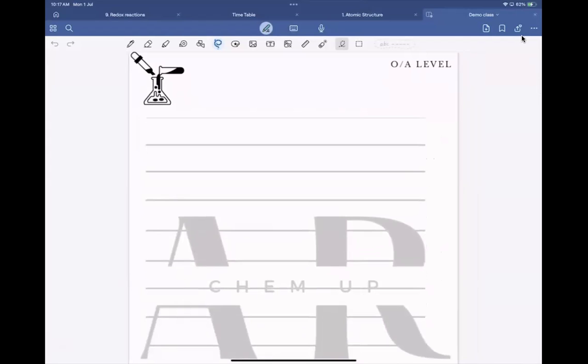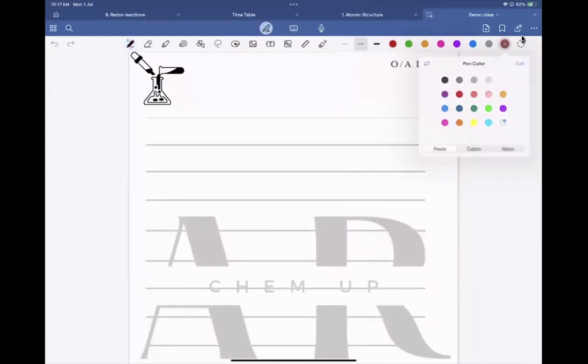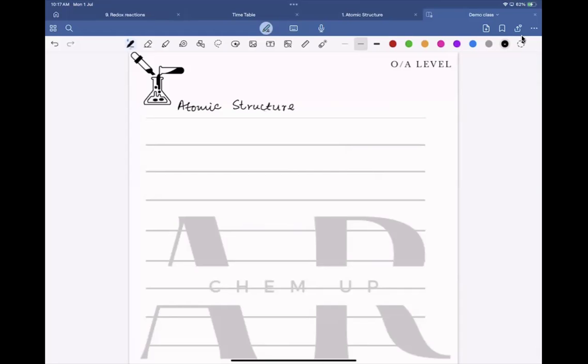Okay. So when we talk about atoms, atoms have three subatomic particles in it, which are protons, electrons, and neutrons.